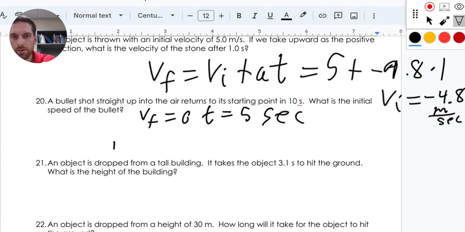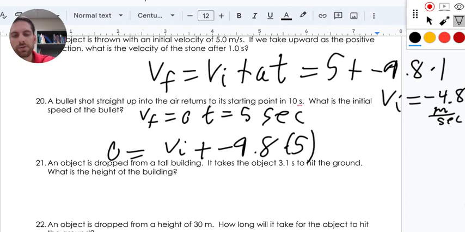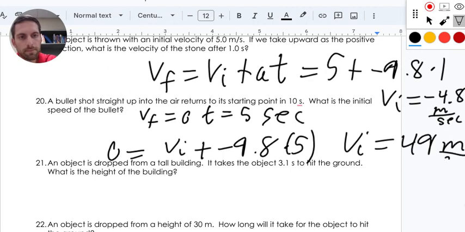So 0 equals Vi, which we don't know, plus negative 9.8 times 5. Use a time symbol or just parentheses, that works too. Then we add to both sides, and Vi equals 49 meters per second.